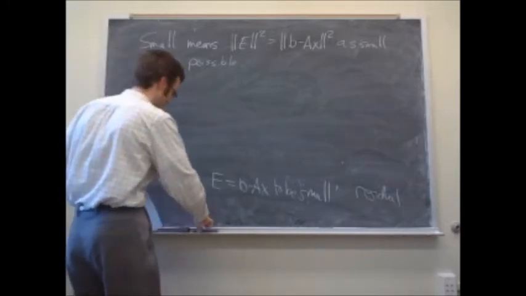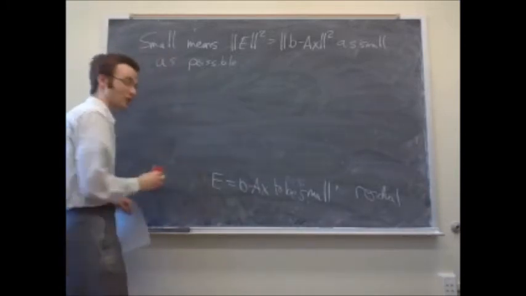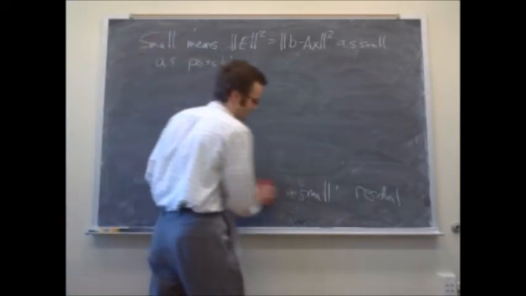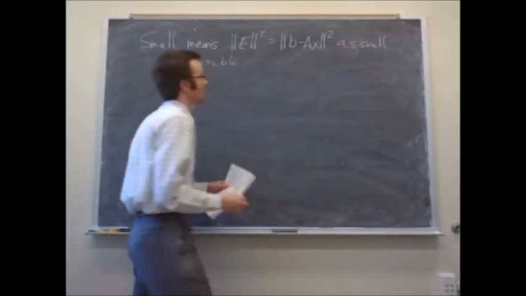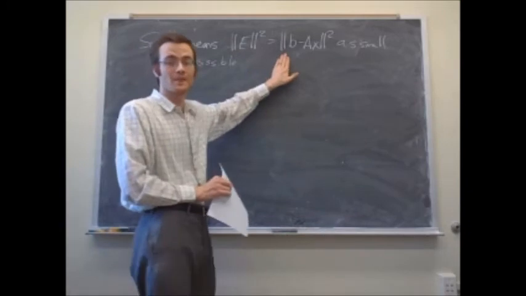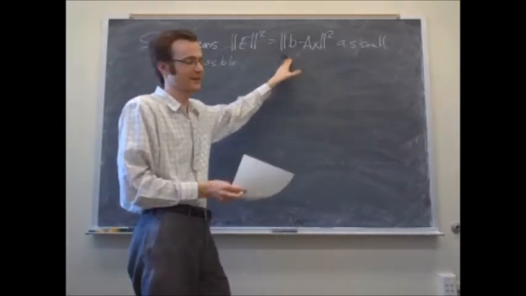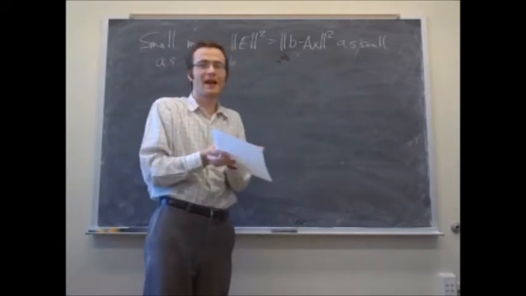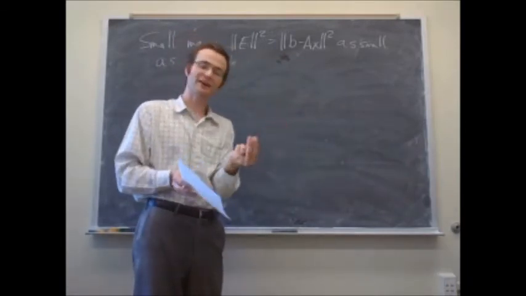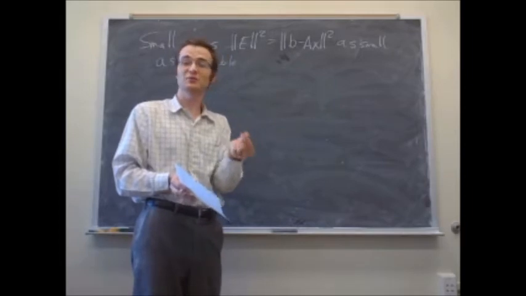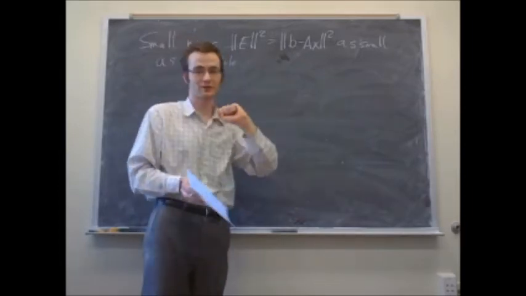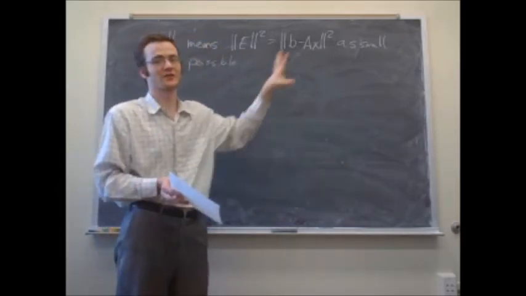The book gives an interesting derivation in terms of derivatives. It turns out that this is a quadratic in terms of x, a multi-dimensional quadratic. So it's a bowl, and if you take the derivative, you can find where the derivative is 0, which is the unique solution where this is as small as possible.